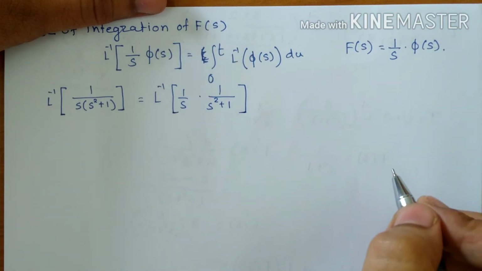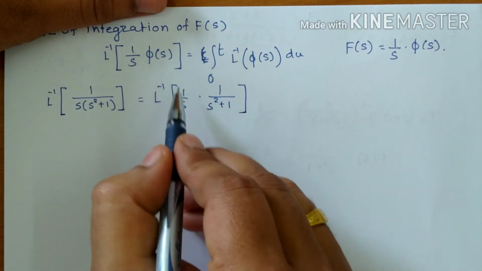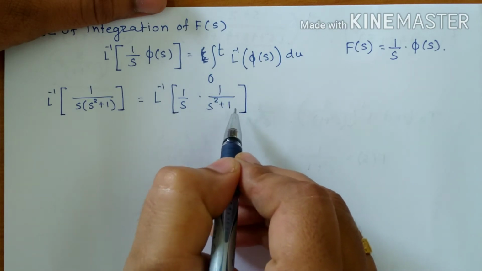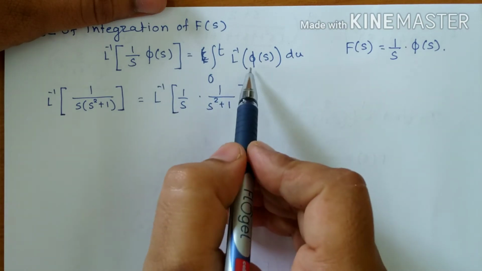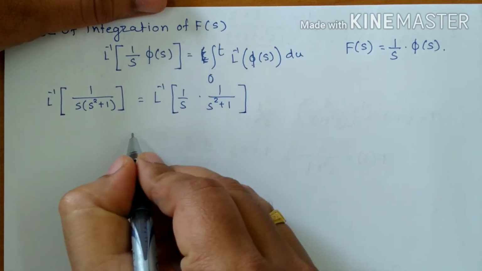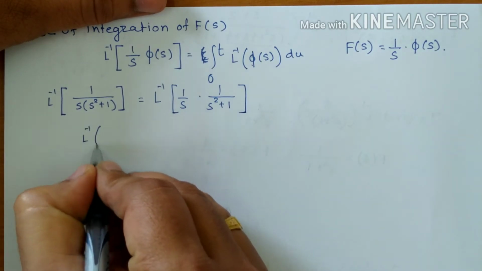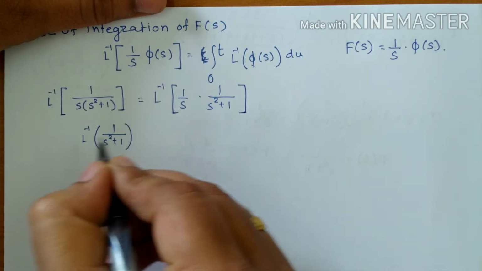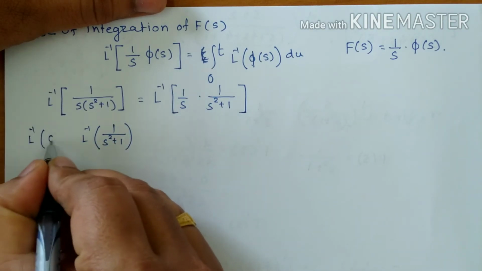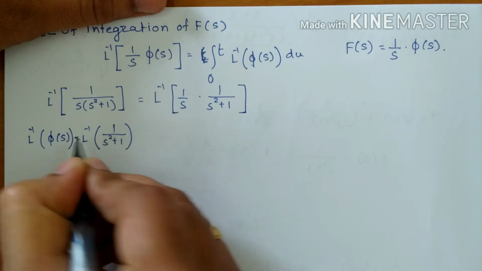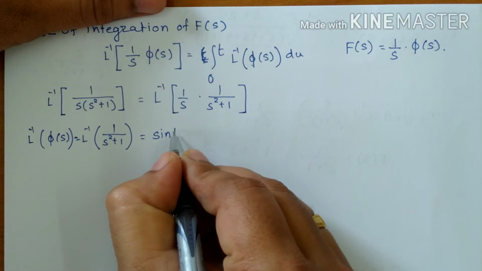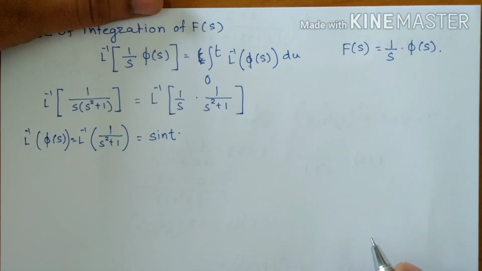So according to this property, what is your phi of s? Phi of s is 1 upon s square plus 1, and we want its inverse Laplace. So hence the inverse Laplace of 1 upon s square plus 1, which I call phi of s, is given by sin t. Do you agree with this?